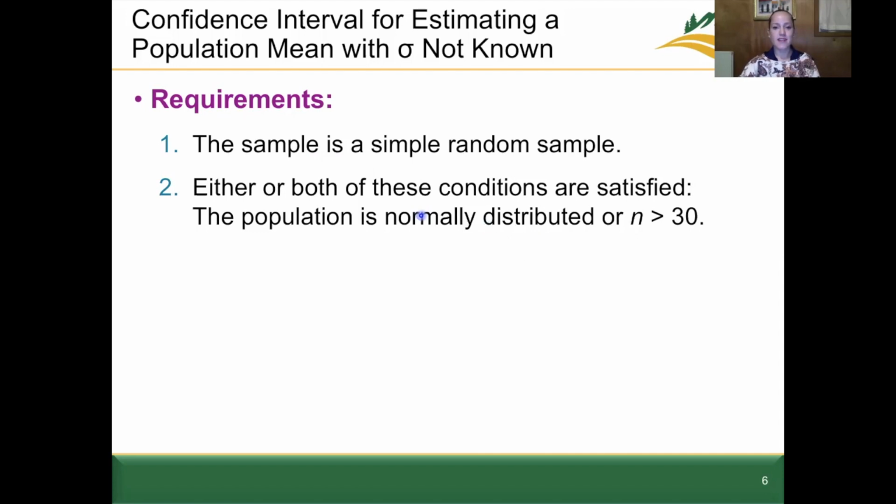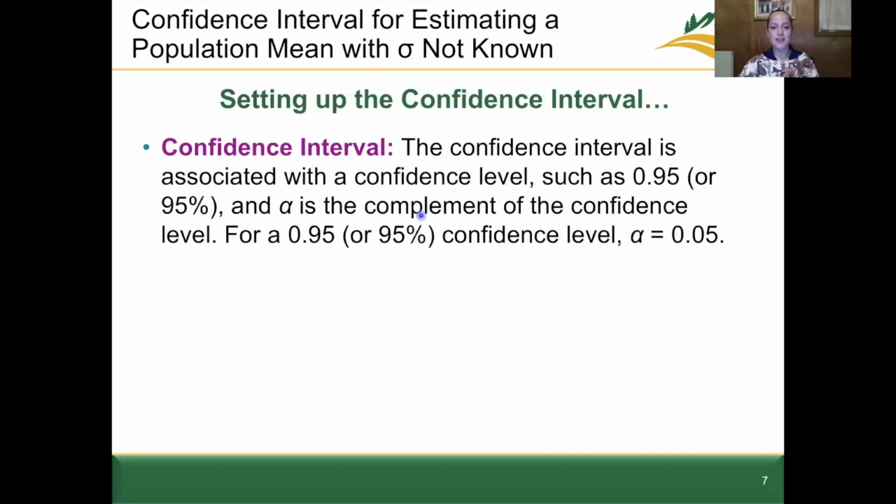Once we've verified that these requirements hold true, then we go into setting up the confidence interval. This definition of a confidence interval should look familiar from 7.1, where the confidence interval is associated with a confidence level, such as 0.95, which in a percentage is 95%. Then we know how to find alpha from 7.1, so we take 1 minus 0.95, for example, to find the alpha value.